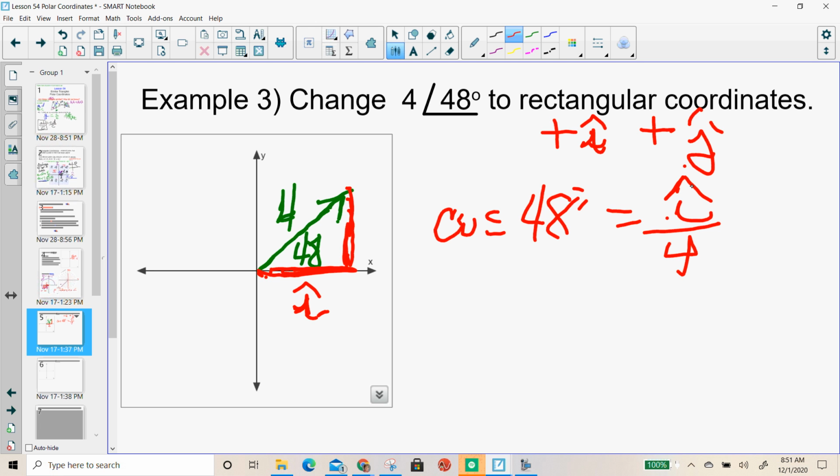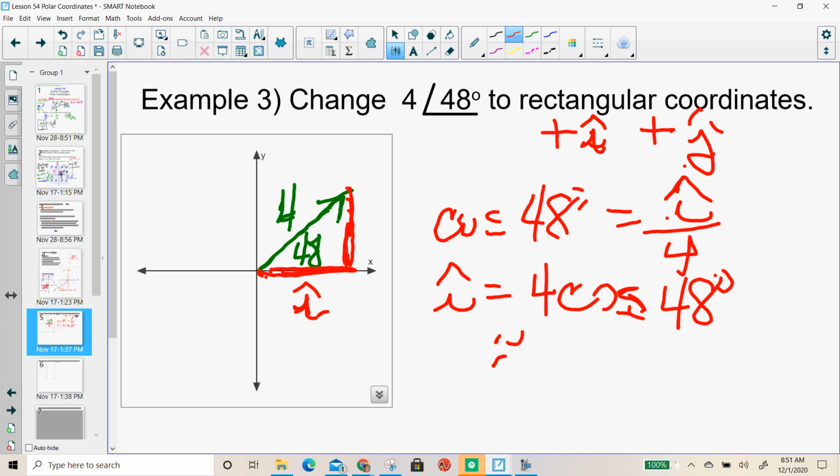And now I need your help with the calculators. That means, and I'm going to write it down, that I hat is 4 cosine 48. I want you to punch that in on your calculator and tell me what we get. When you've got that, type that in on the chat for me.